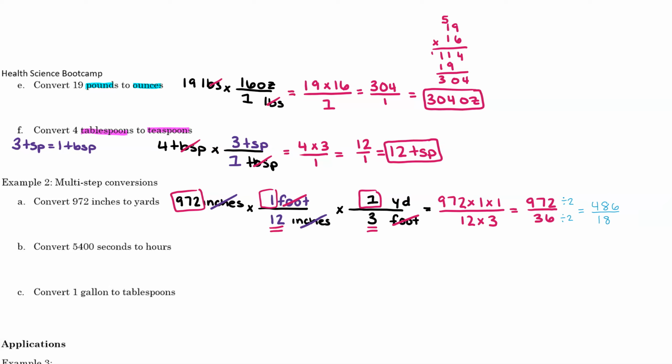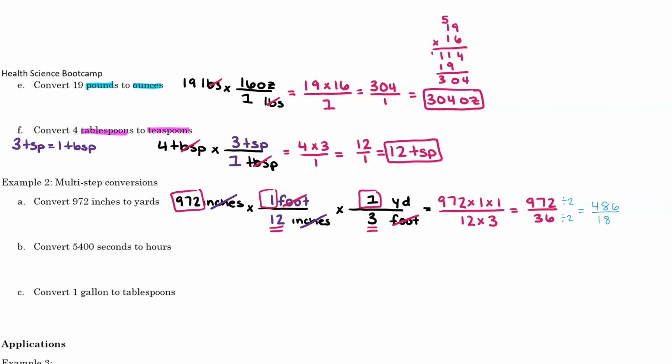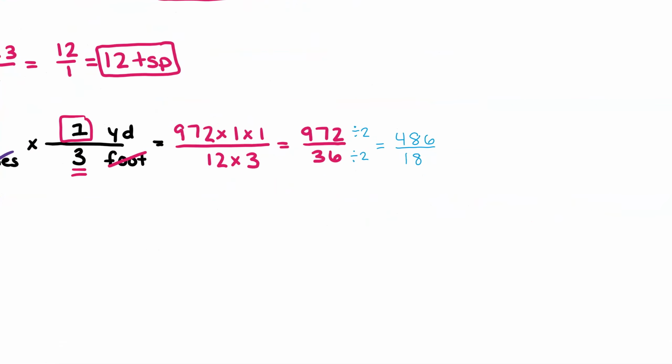I've now got smaller numbers, but I still have to divide, right? Because both of those are still even. So these are still both even, so let's divide by 2 again. If you see something else that goes in, you could do that, but I'm picking the path of least resistance here. So 486 divided by 2 will be 243. 18 divided by 2 will be 9. Now 9 is just 3 times 3, so let's try dividing by 3.